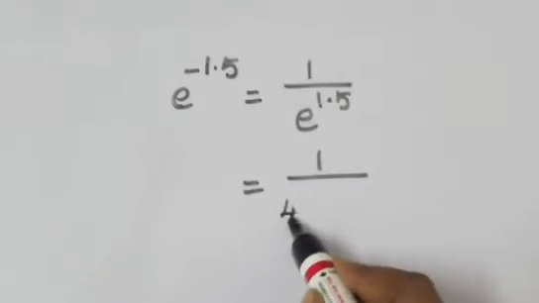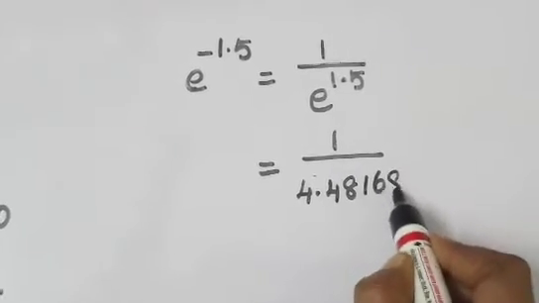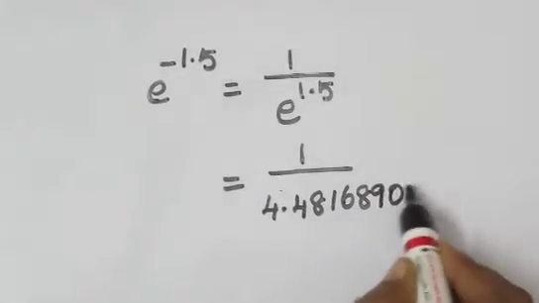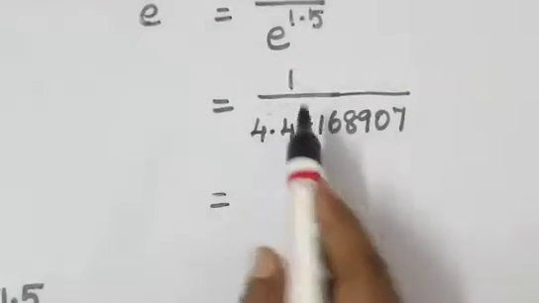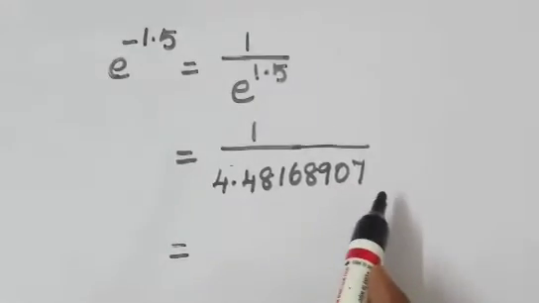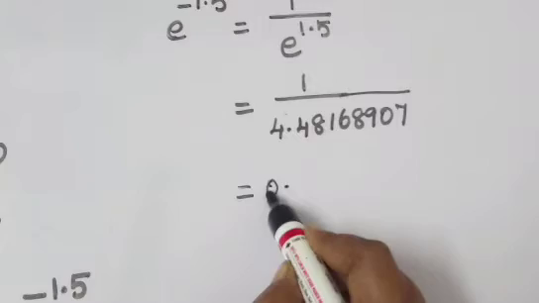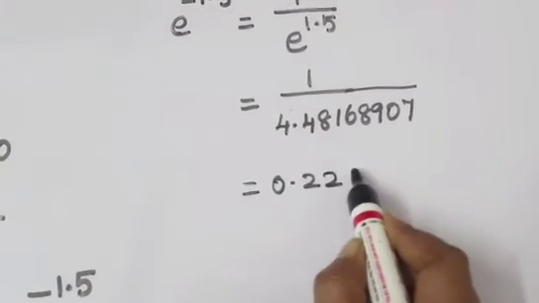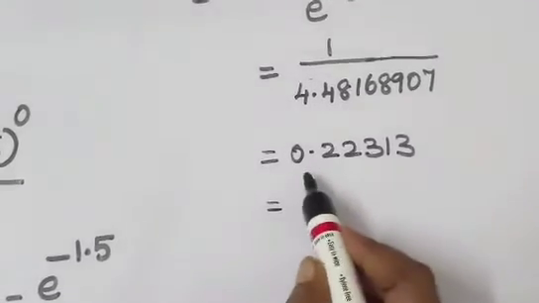It is 4.48168907. Now you can use a calculator and divide it. 1 divided by 4.48168907. So the value will be 0.22313. So you can write it to 4 decimal places.